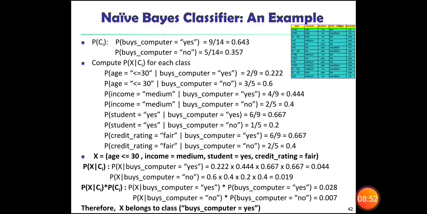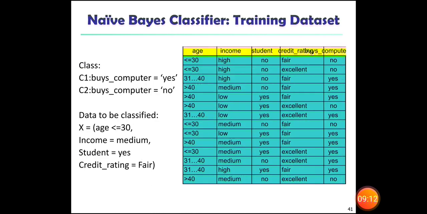We are going to take age, income, student and credit rating, including the conditions also. Age must be less than 30 and income must be medium and student must be yes and credit rating must be fair. These are all the conditions which we already took in the previous slide, the last one. This is the data to be classified with respect to this table.